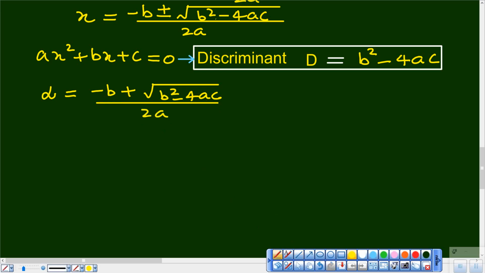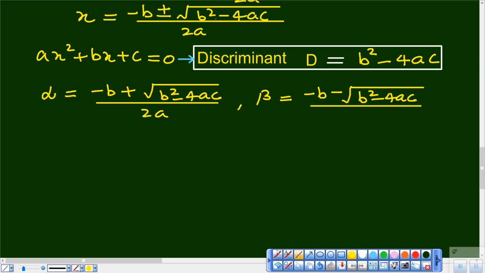beta, which would be nothing but minus b minus. Once I take plus and then I take minus, it would be minus square root b square minus 4ac upon 2a.